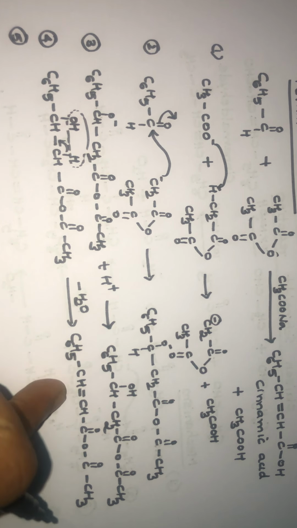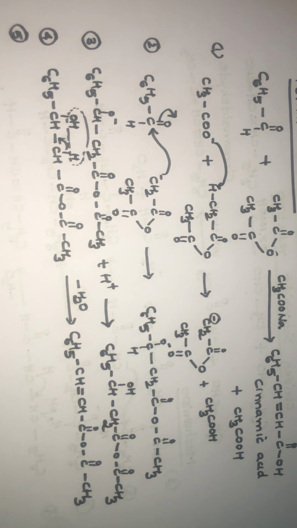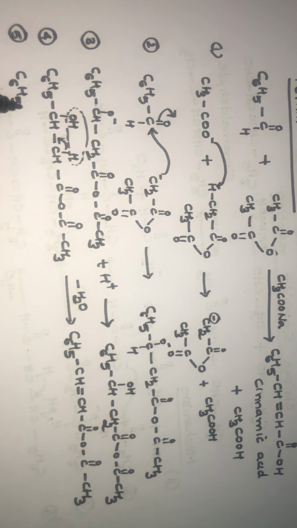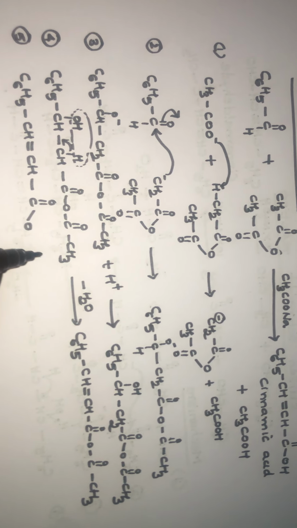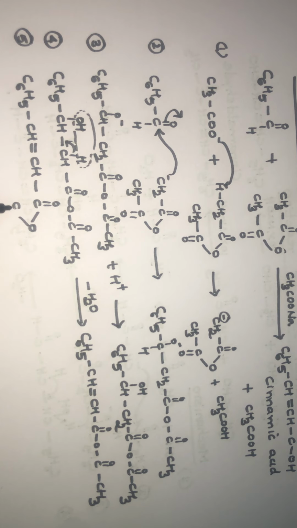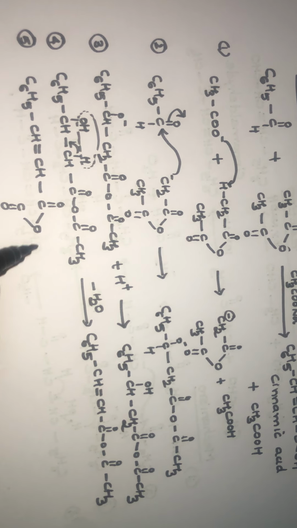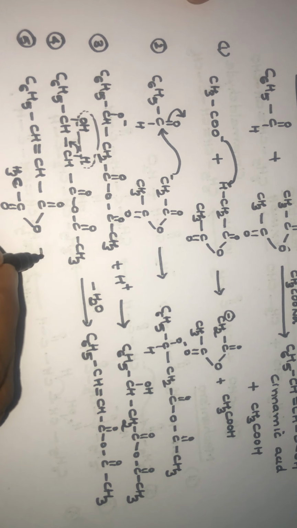this unsaturated mixed anhydride finally yields cinnamic acid by undergoing hydrolysis. This molecule, C6H5 CH double bond CH C double bond O, O, C double bond O, CH3, finally undergoes hydrolysis.